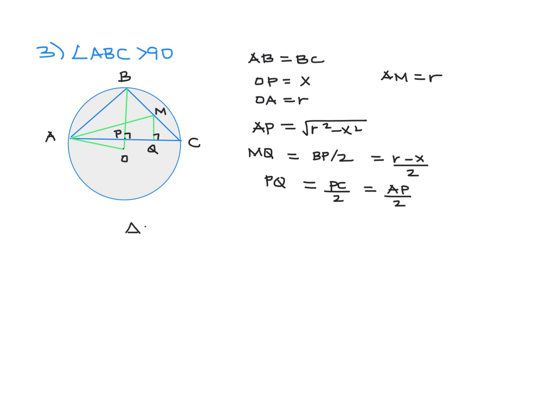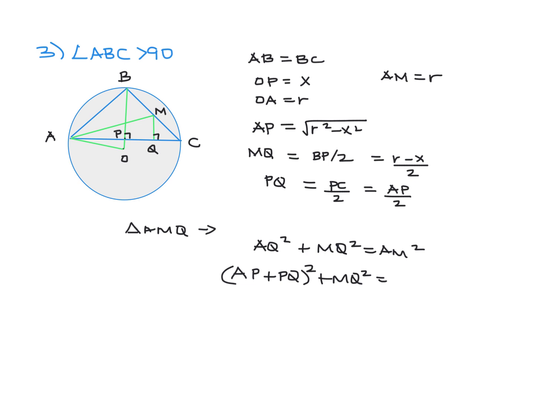And then triangle AMQ, we're going to have AQ squared, Pythagorean relationship, plus MQ squared is equal to AM squared, right? So very similar, actually. This AQ is AP plus PQ. And then we just got this stuff. And you just sub it all in.